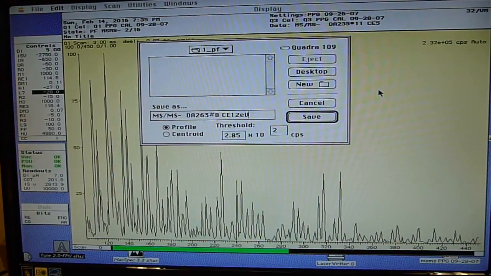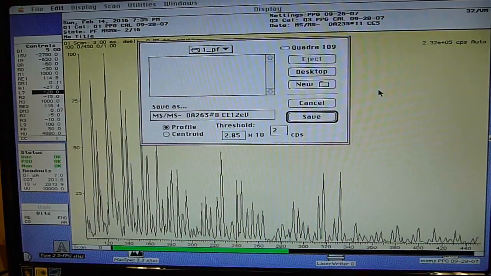Okay, so I loaded the sample loop, and I have a place for the data to be stored. The difference between R1 and R2 is the collision energy. In this case, it's going to be 12 eV.